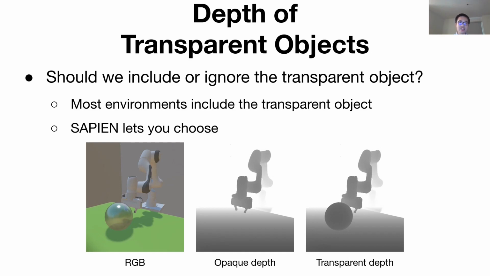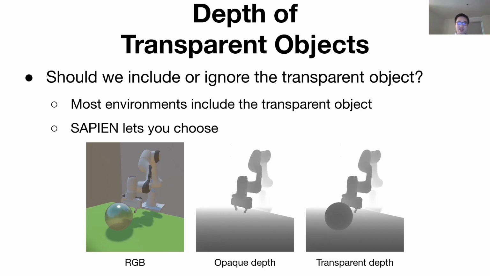And the next topic is the depth of a transparent object. There's often this question of whether we should include or ignore the transparent object in the scene. For example, for some barely transparent objects, maybe we want to include them.